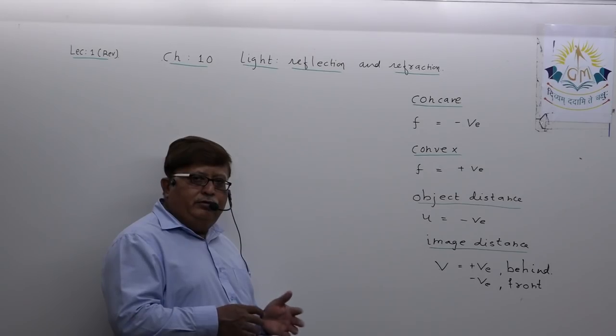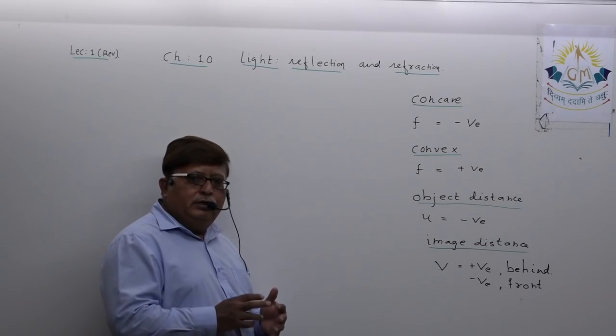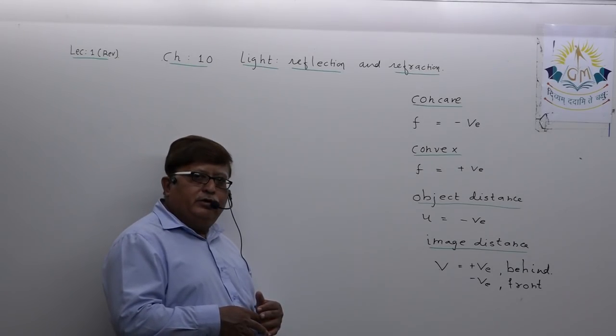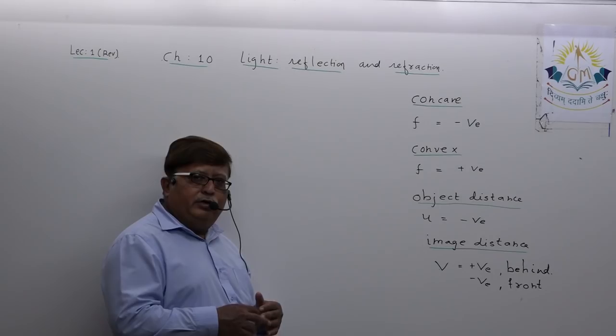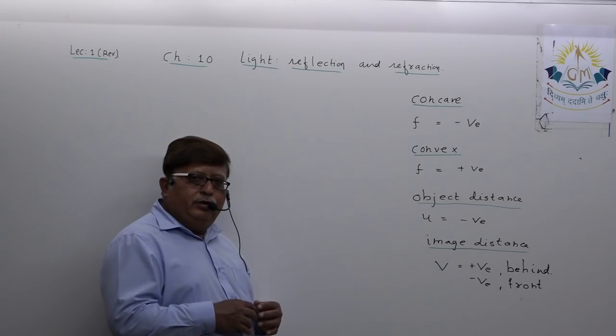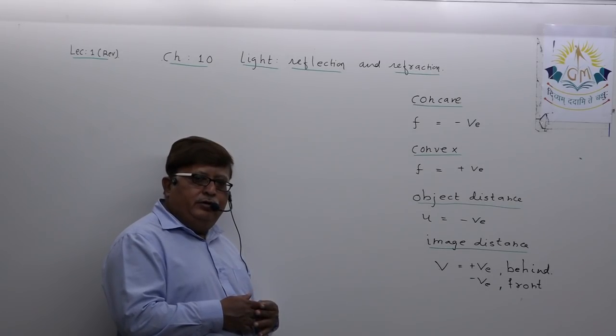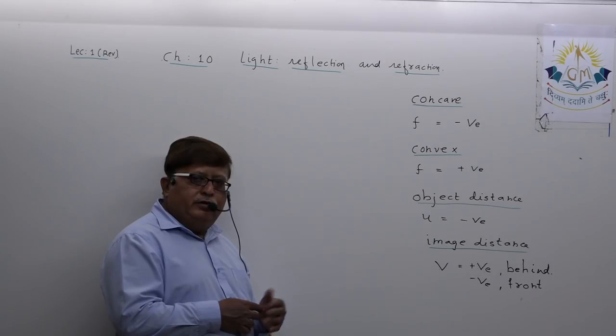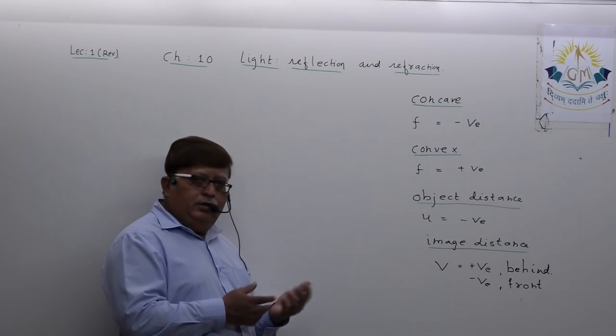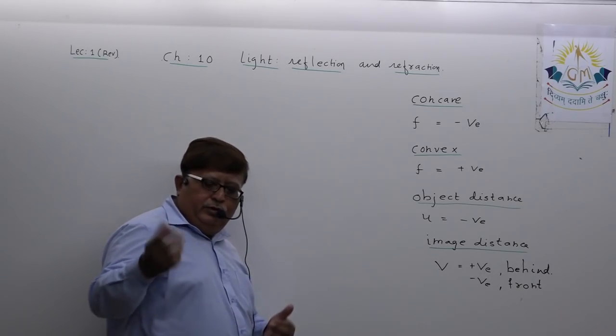A student needs to be very sure that for a concave mirror focal length is always negative, for a convex mirror focal length is always positive, and object distance is always taken negative. If image distance is positive, the image is formed behind the mirror. If image distance is negative, the image is formed in front of the mirror.